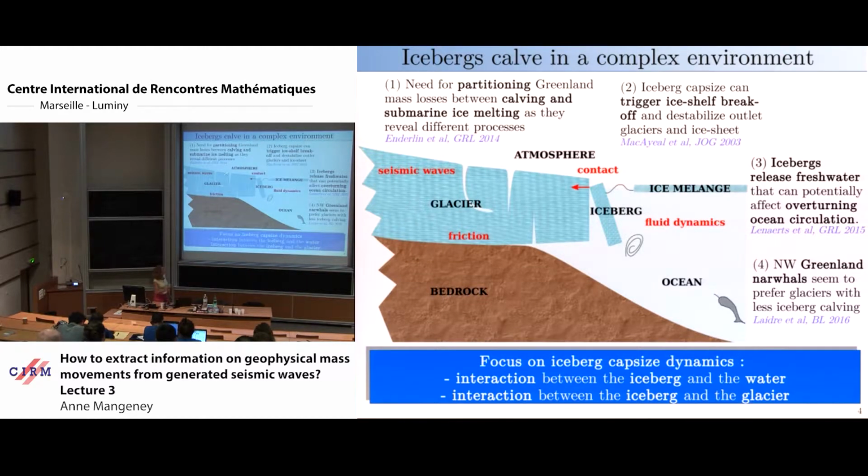So here we will not describe everything, obviously, and we will focus on how this iceberg rotates, because when the iceberg rotates, it exerts a contact force on the glacier, and the fluctuation of this contact force generates seismic waves in the ice and in the bedrock that you can record at hundreds of kilometers.